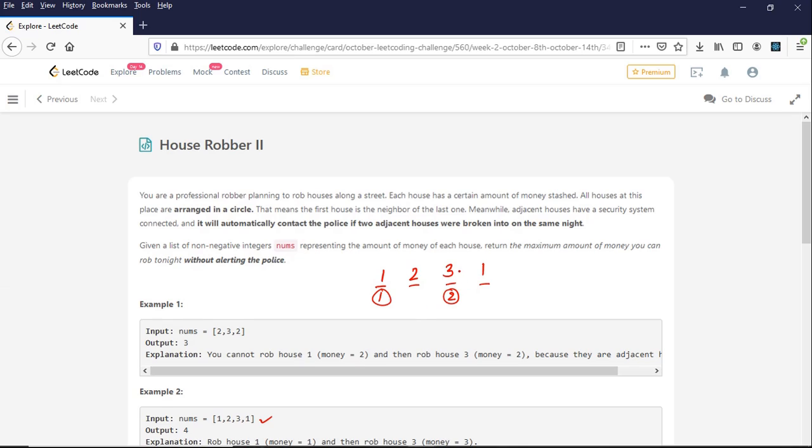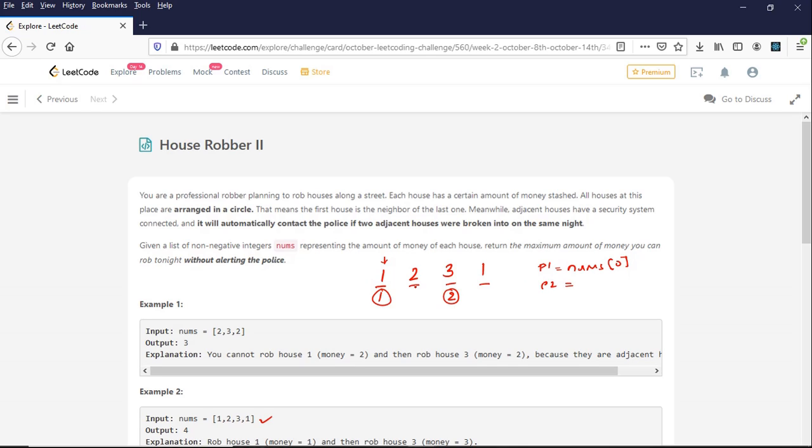So in this case, what we did was find out, when we are at index 1, what is the max profit or the max money that we can have. So here it will be only nums of 0. Let me call it profit 1 equal to nums of 0.